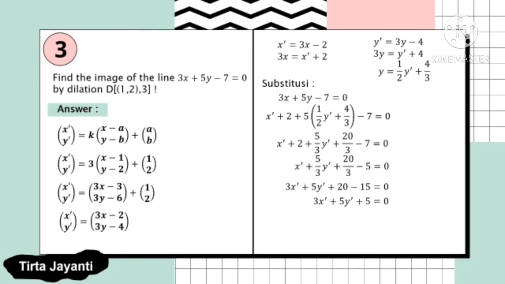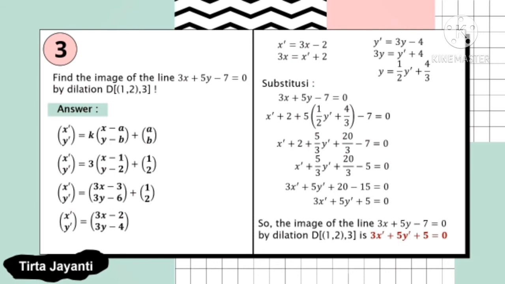Finally, we find the form 3x prime plus 5y prime plus 5 is equal to 0. So, the image of the line 3x plus 5y minus 7 is equal to 0 by dilation D with the center point 1, 2 and the scale factor 3 is 3x prime plus 5y prime plus 5 is equal to 0.